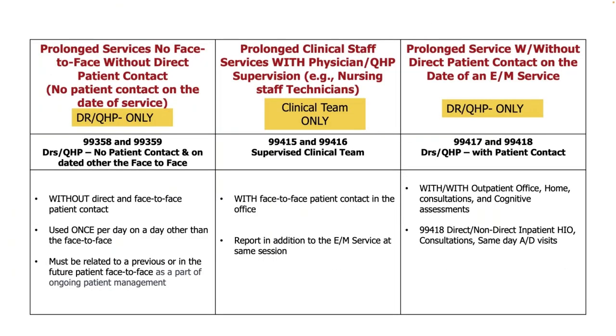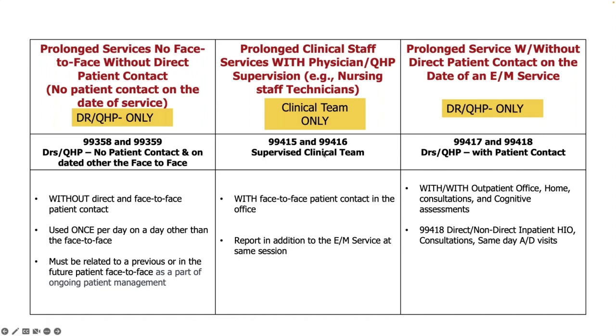Just remember that there are 3 different types of prolonged services that you'll be coding for. 99358, that's not an add-on code, and 99359 is, but these 2 are for non-face-to-face contact with the patient, and it's not on the date of the visit.